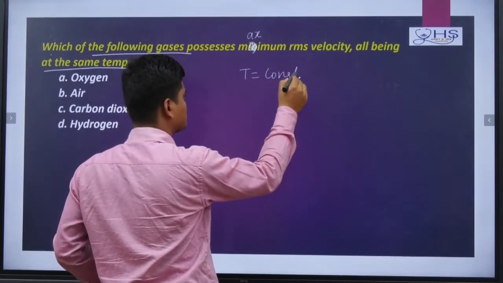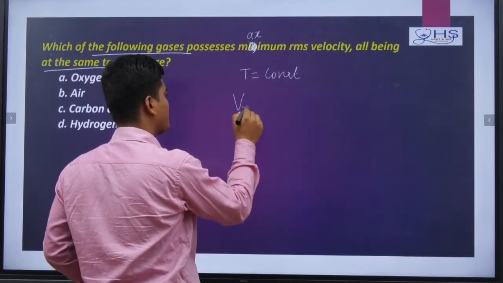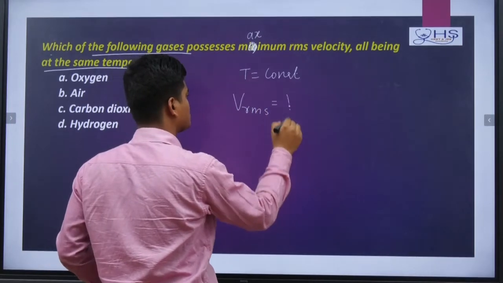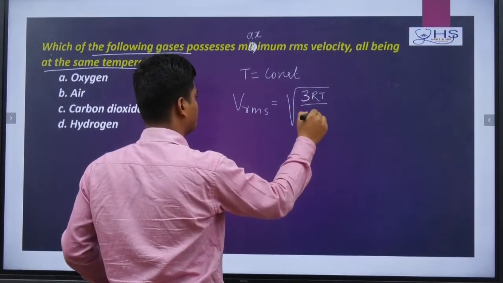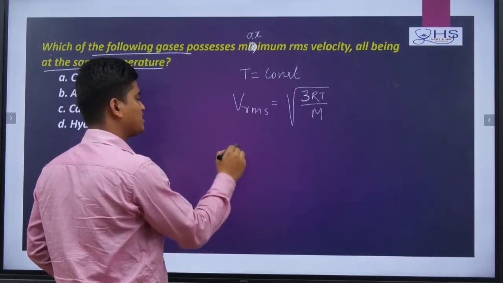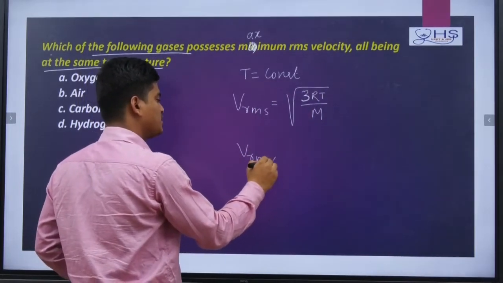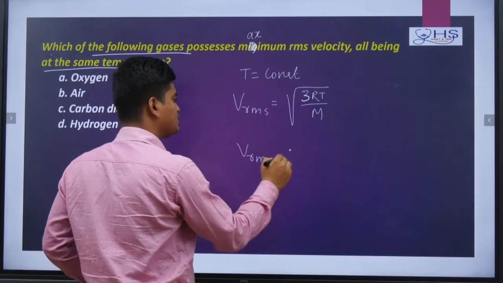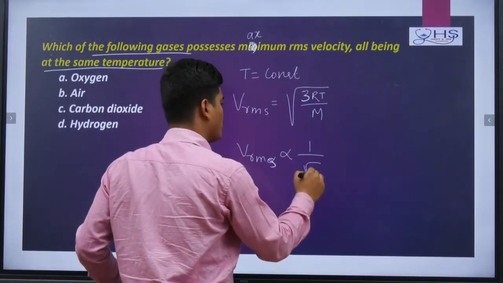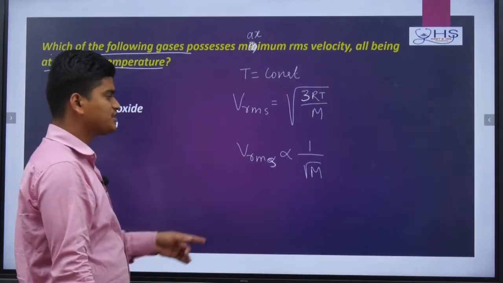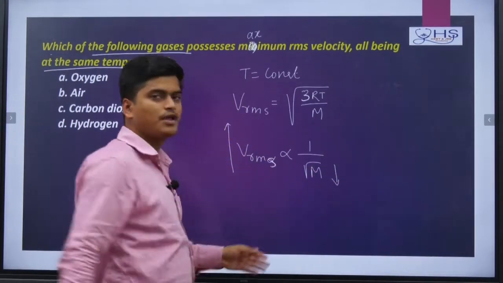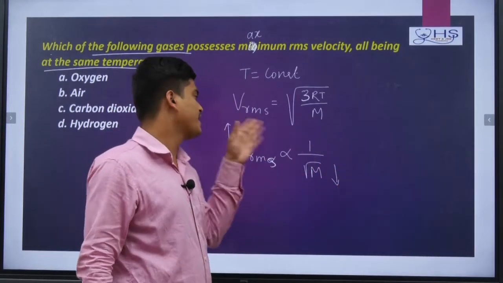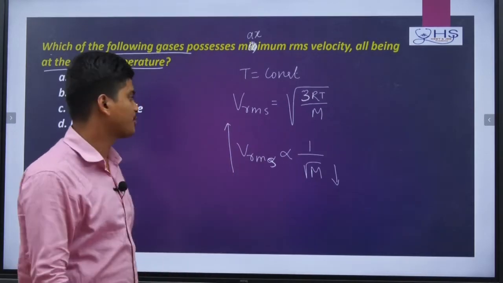If T is constant, you will see this Vrms formula: root under 3RT by M. If T is constant, then Vrms is inversely proportional to molecular weight. That means if the molecular weight is less, Vrms will be more. If the molecular weight is more, Vrms will be less, because it is inversely proportional.